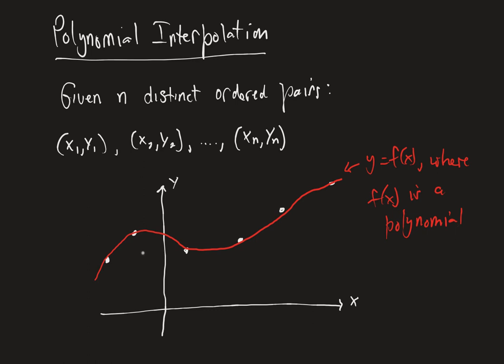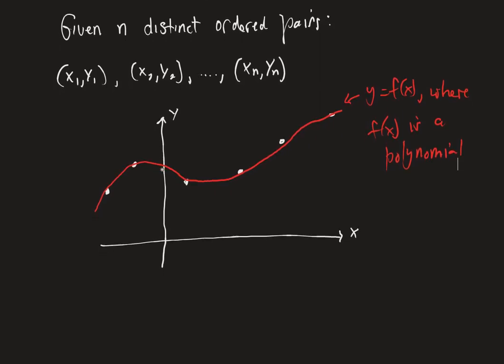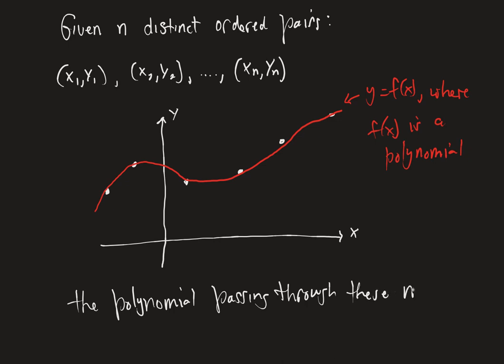So given n distinct ordered pairs, the polynomial passing through these n ordered pairs is called an interpolating polynomial.